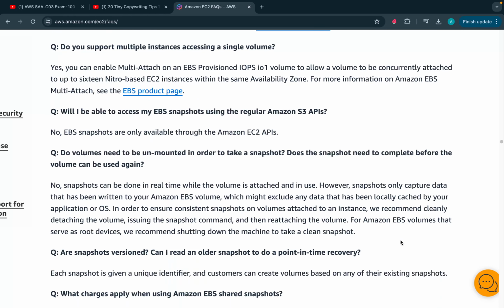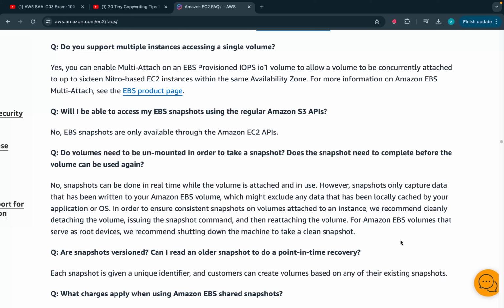Do volumes need to be unmounted in order to take a snapshot? Does the snapshot need to complete before the volume can be used again? No, a snapshot can be done in real time while the volume is still attached and in use. However, snapshots only capture the data that has been written to your Amazon EBS volumes, which might exclude data that has been locally cached by your application or OS.